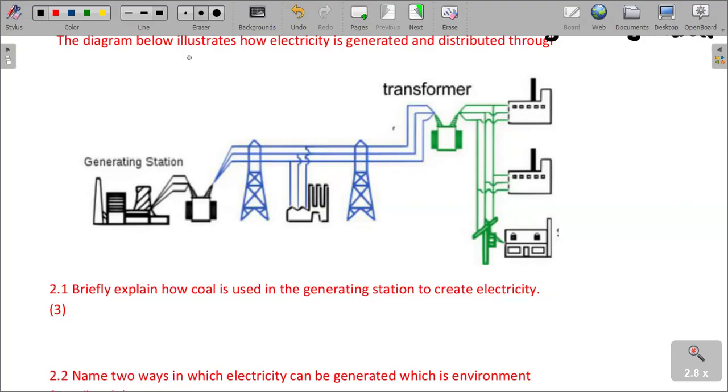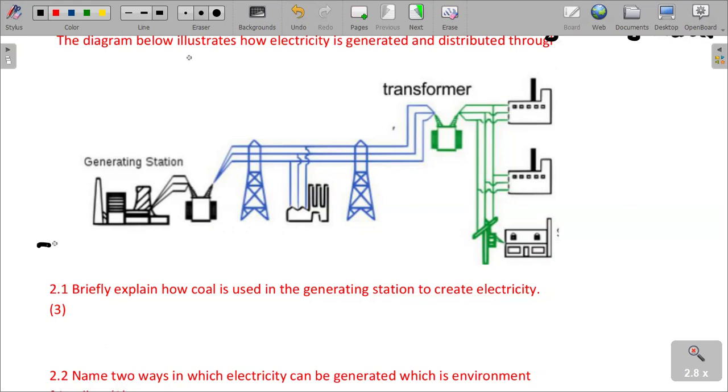Now what we need to understand is that coal is used to heat water to form steam. That is the first step.